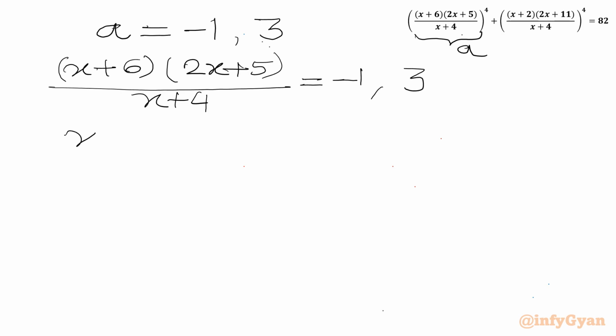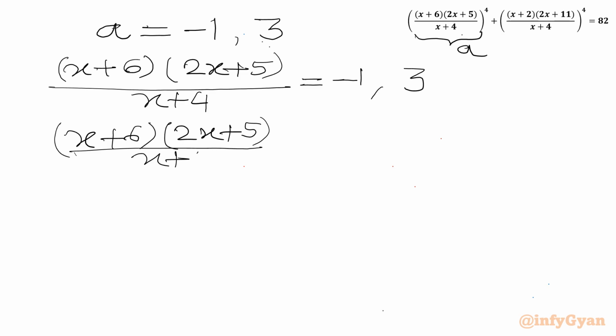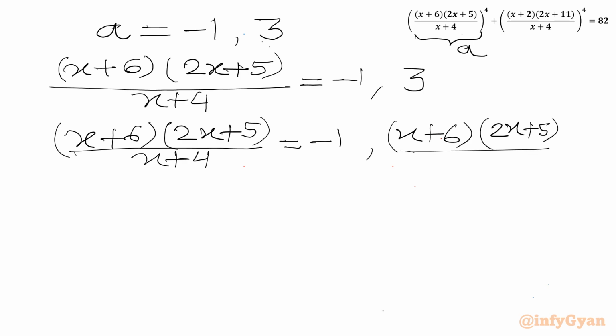So I will be writing here x plus 6 times 2x plus 5 over x plus 4 equal to -1, and then we can write x plus 6 times 2x plus 5 over x plus 4 equal to 3. So let's expand and cross multiply. X is not equal to -4.